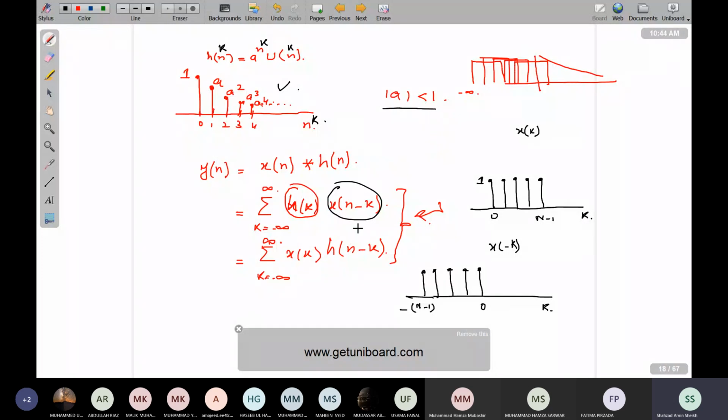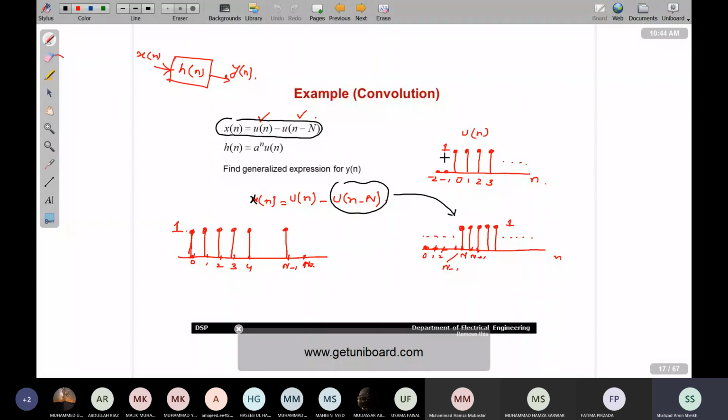So now we are taking one of the signals. So x of k is what? x of k is this thing. Why x of k? Because we are just replacing the indices. So x of n was this thing, 0 to capital N minus 1, and the index was n.